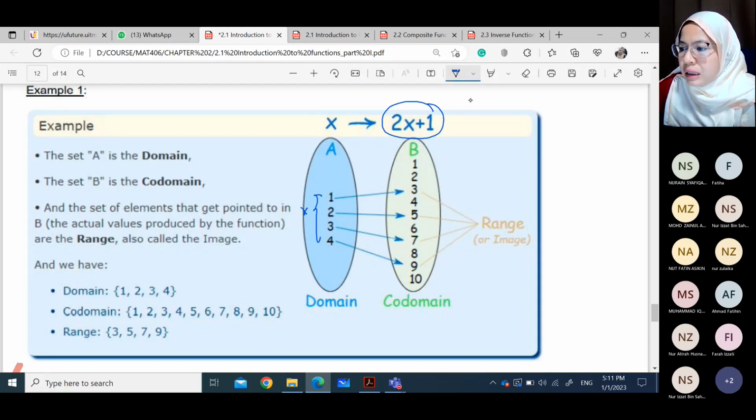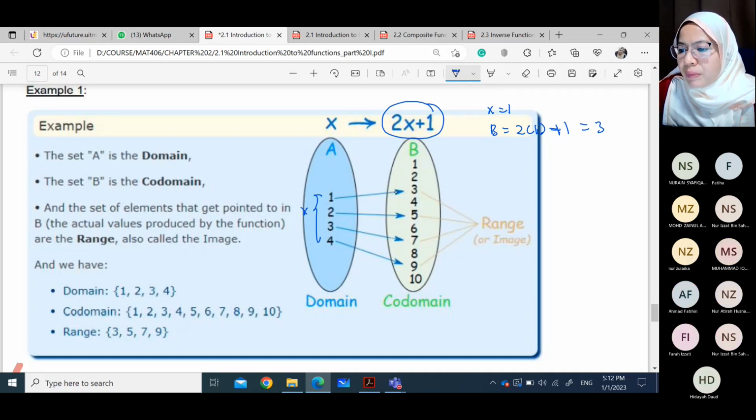So maknanya kat sini, kalau X sama juga dengan 1. Okay. Jadi B dia adalah 2 times 1 plus 1. Then we have 2 times 1 plus 1 is 3. So untuk nilai 1 ni dia map kepada 3. Ataupun objek bagi 1 ini adalah 3. So this value is a range ataupun is an image for 1.